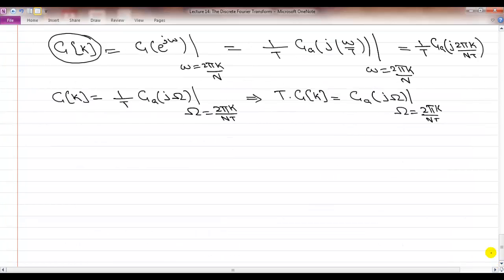Okay, now if you do these steps right, let's say your DTFT was like this.